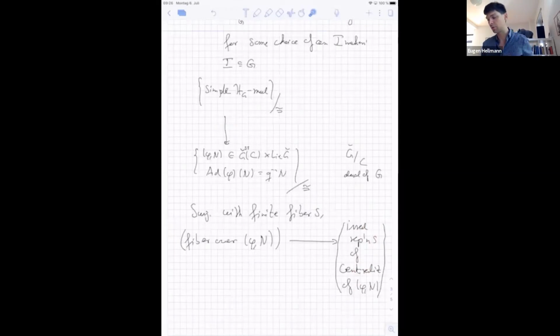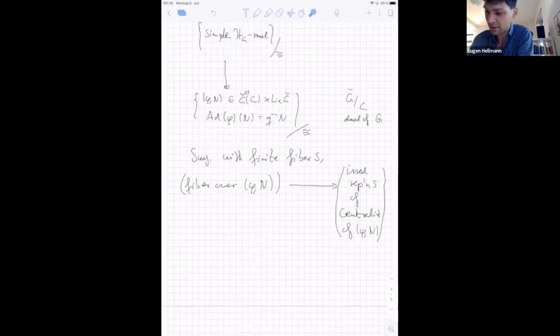I don't want to go into the details of this, but I just want to stress that there is a parametrization of the fibers, and hence of all simple modules of the Hecke algebra, just in terms of these guys, but that this internal representation will depend on additional choices. So this map, the other one not, depends on an additional choice.